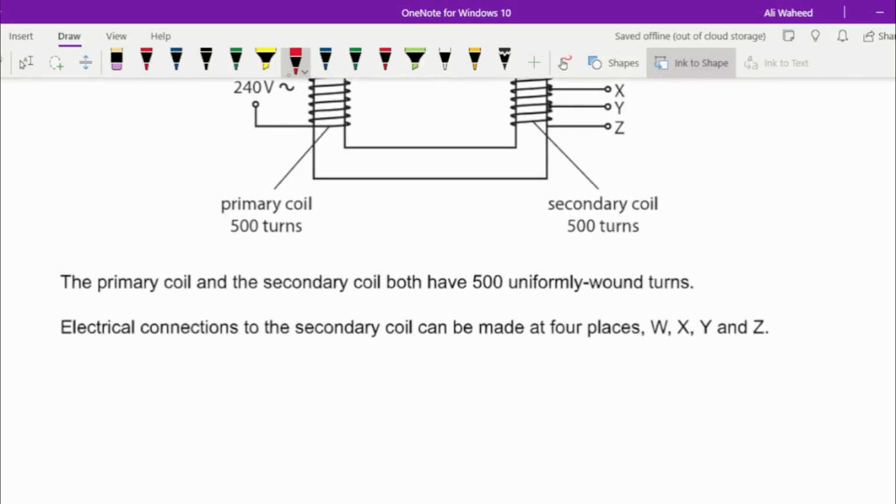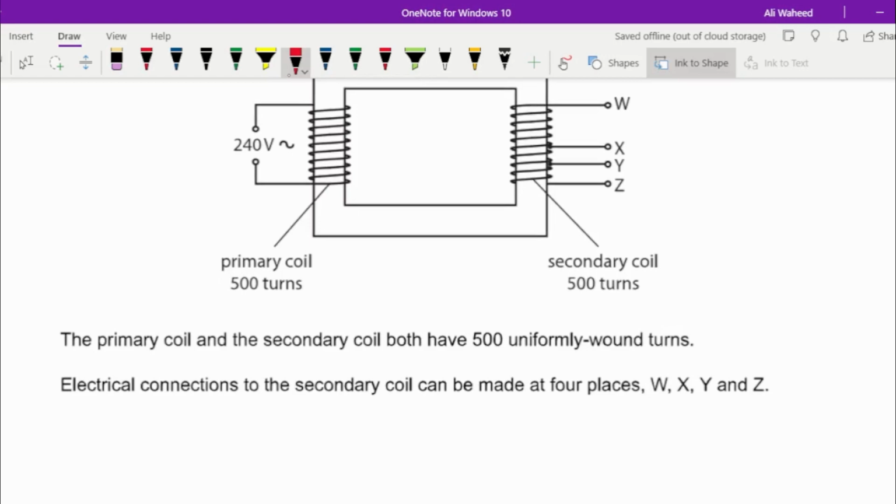The primary and the secondary of the coil both have 500 uniformly wound turns. Electrical connections to the secondary coil can be made at 4 places. So that means although the secondary coil in total has 500 wires, once you're making the connection using different places, you're changing the number of turns.